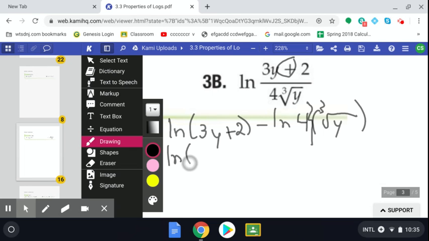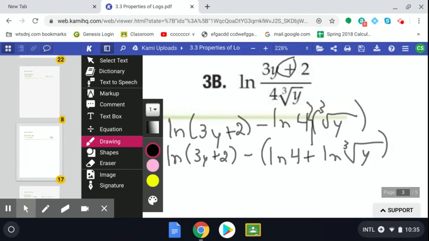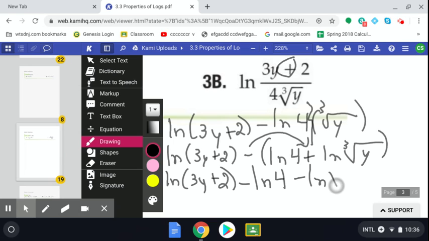So natural log 3y plus 2, and then minus, I will rewrite natural log 4 plus natural log cubic root of y. Now, because I have a negative in front of this binomial, I need to distribute the negative. So I have natural log 3y plus 2 minus natural log 4, and then minus natural log cubic root of y.